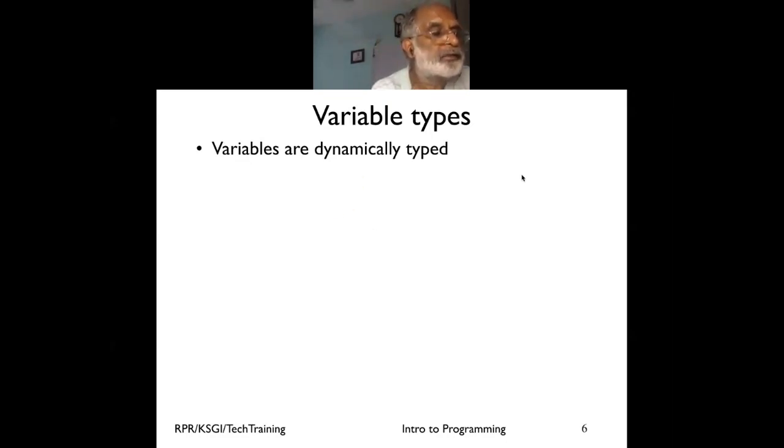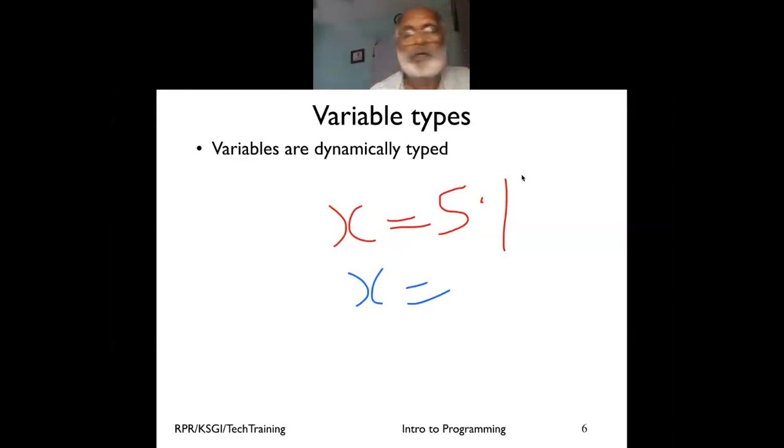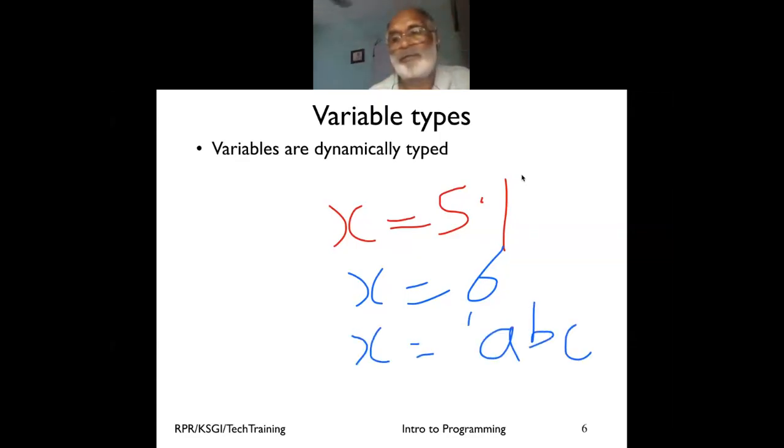When I write x is equal to 5.1, x becomes a floating point. When I write x is equal to 6, it becomes an integer. Or when I say x is equal to, let's say, quote ABC, it becomes a string. So the value is determined at runtime, and there is no fixed type. That's why variables are called dynamically typed.